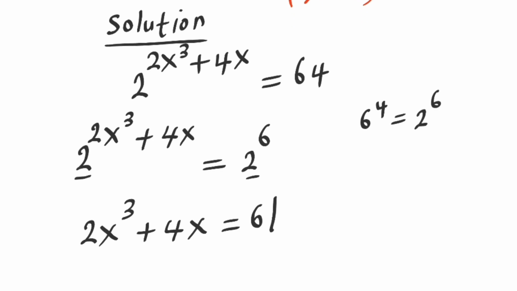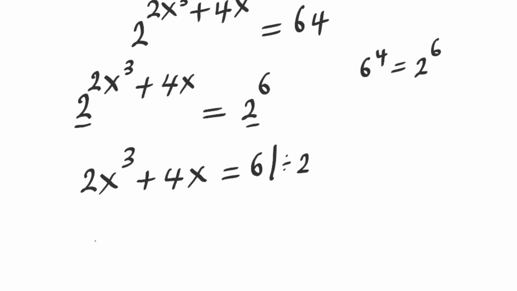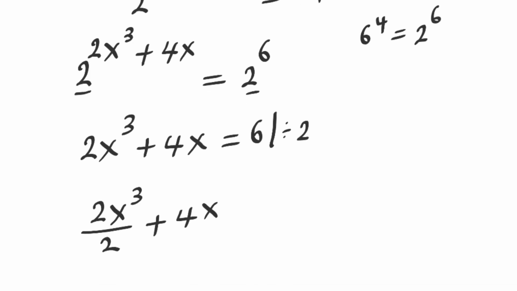Let us divide the whole of this equation by 2. 2x³ divided by 2 plus 4x divided by 2 is equal to 6 divided by 2.